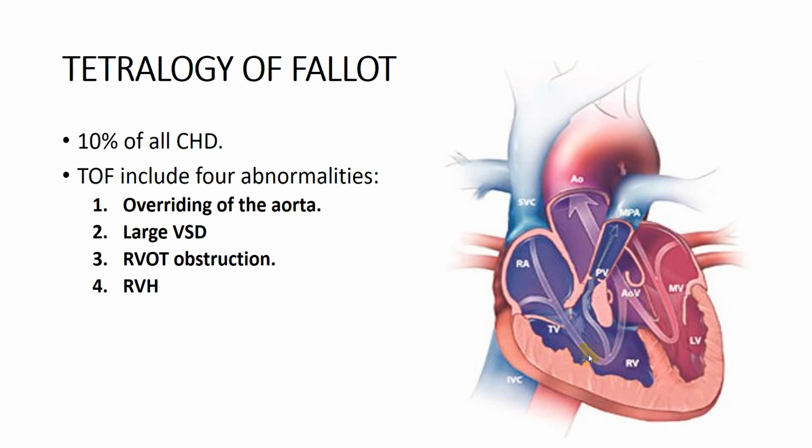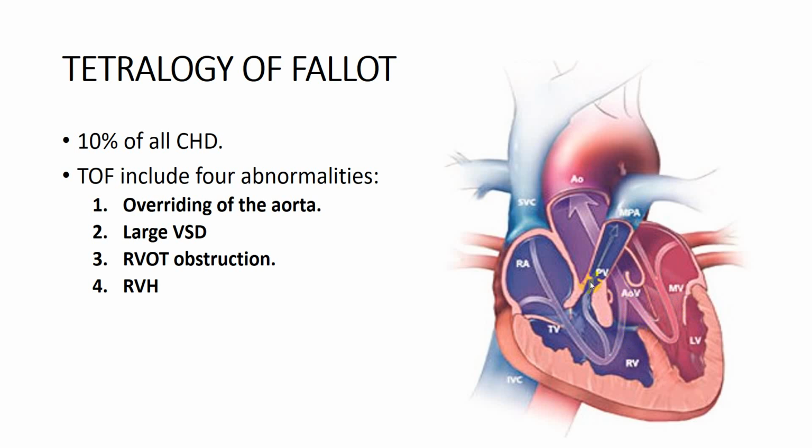Some of the blood goes to the pulmonary artery through the stenosed RVOT, and the other part passes through the VSD into the aorta, causing mixing in the aorta of oxygenated blood with deoxygenated blood from the RV. This is the source of the cyanosis.